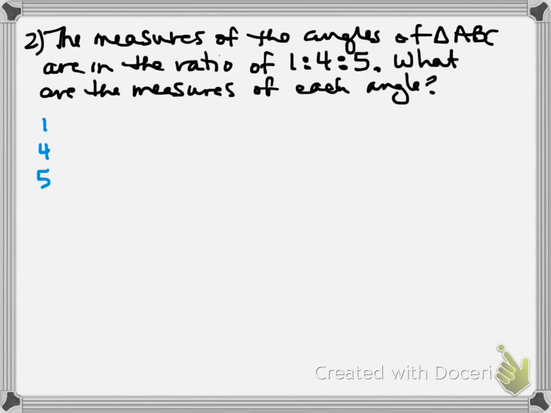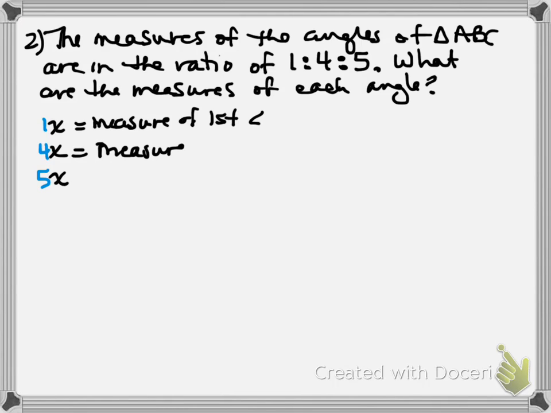So I'm going to let that value that I reduced them by be x. And so this means this is the measure of the first angle. 4x would be the measure of the second angle. And 5x would be the measure of the third angle.